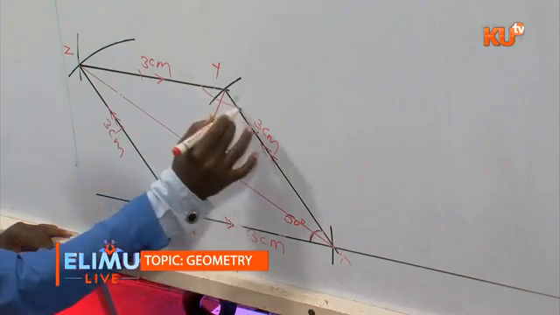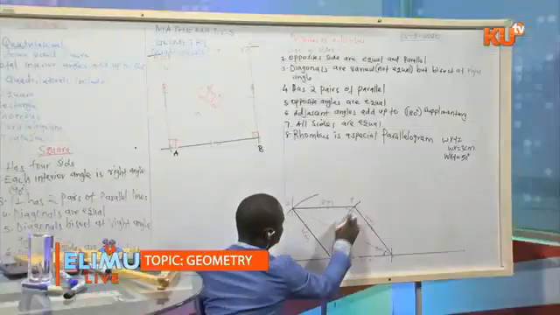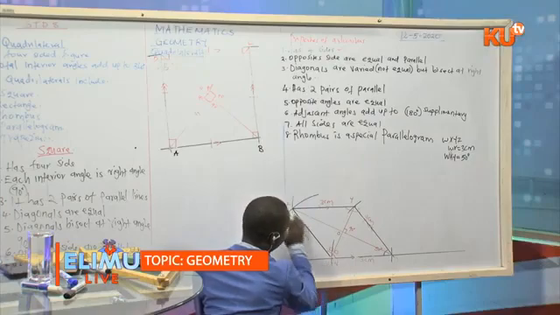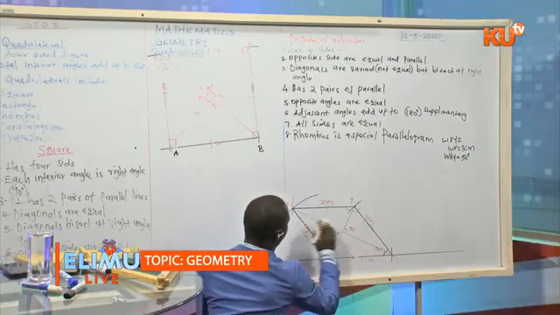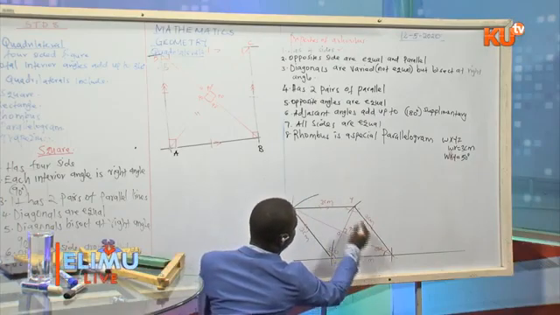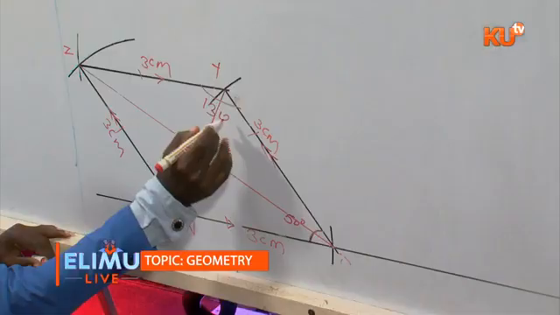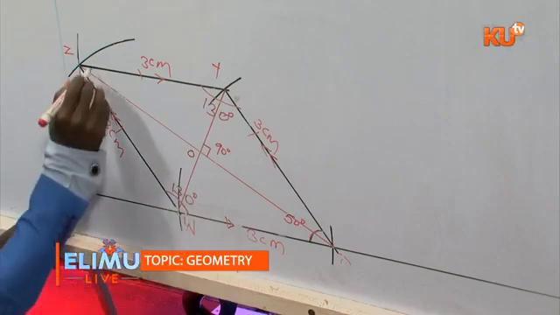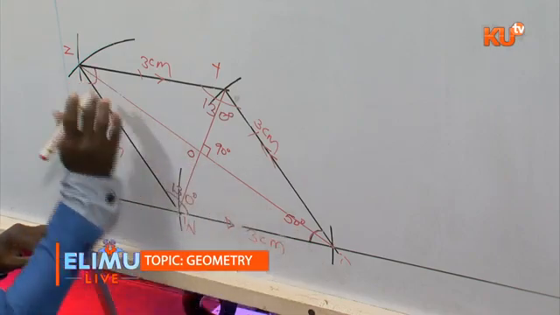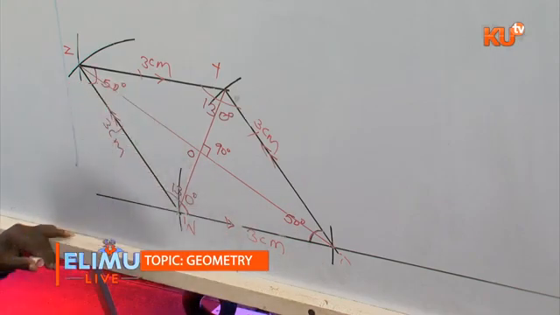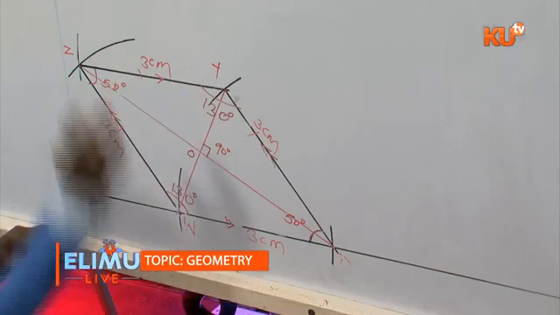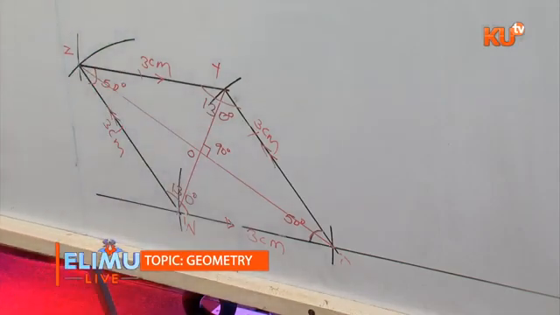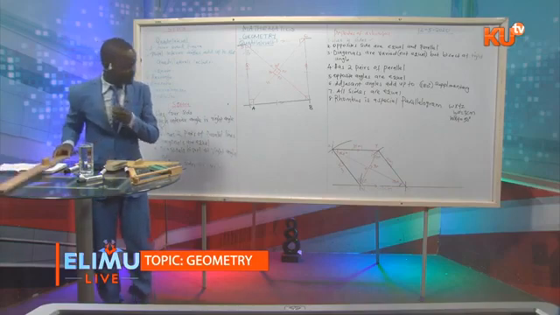The other thing we talked about, we said the opposite angles, angle ZWX and angle ZYX, are equal. So this is also 130 degrees. Opposite angles are equal. That is simply the property of a rhombus.